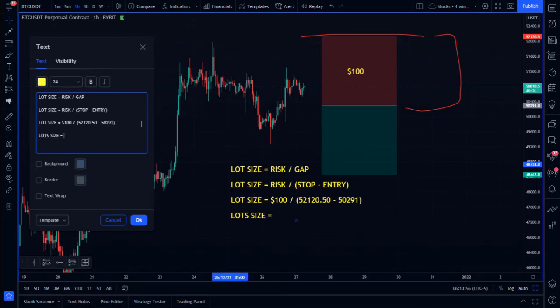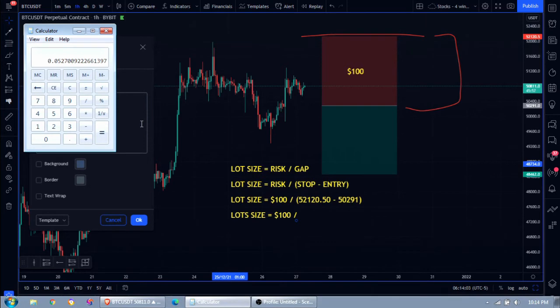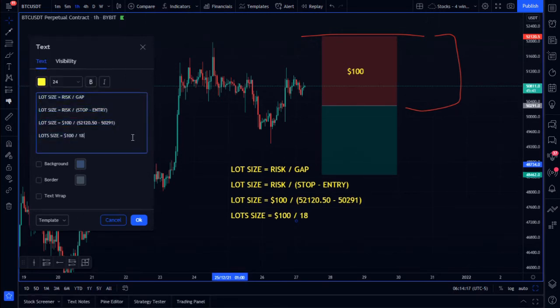Okay, lot size equals 100 divided by, bust out that calculator again, 52,120.50 minus 50,291, 1829.50. 1829.50. Is that correct? Yep.